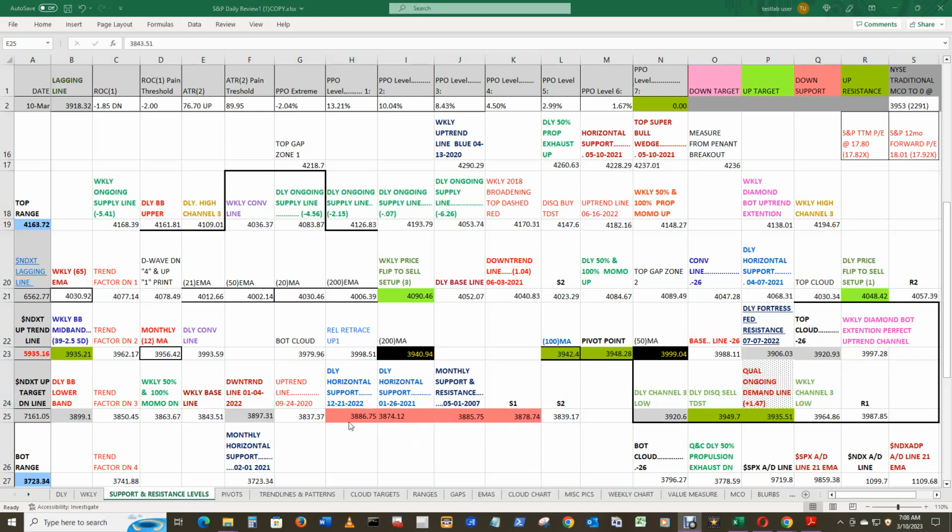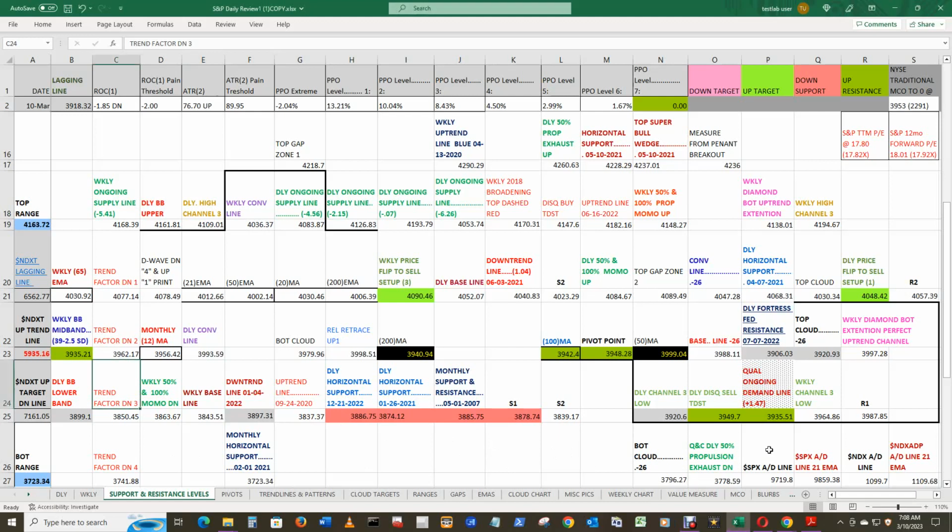And then everything is fair game underneath there. S2 38.39, the uptrend line from 09/24/2020, weekly baseline and trend factor down 3. Get under there and it's really a no man's land, as you can see, in the 3700 zone.